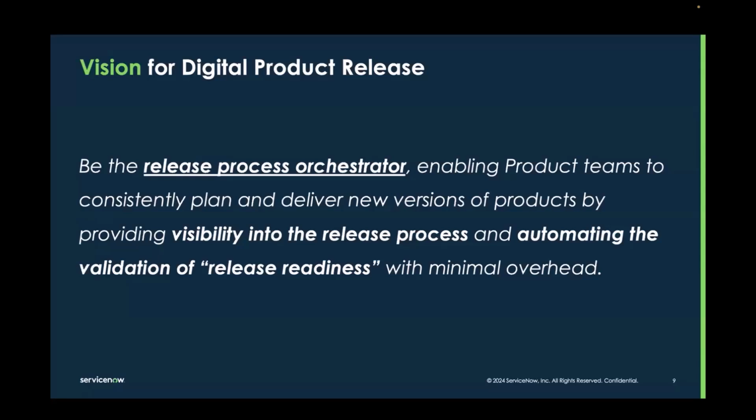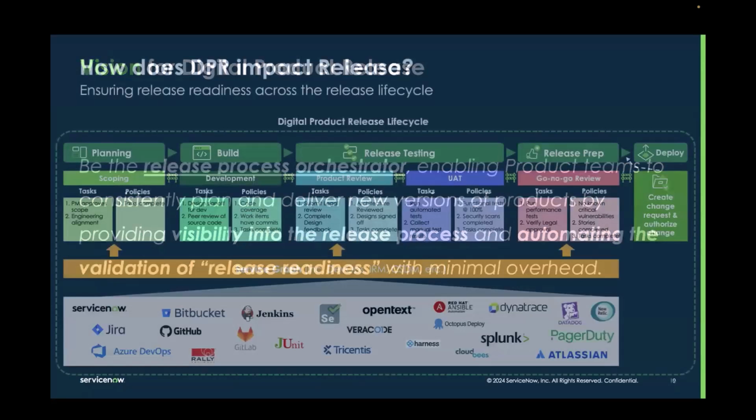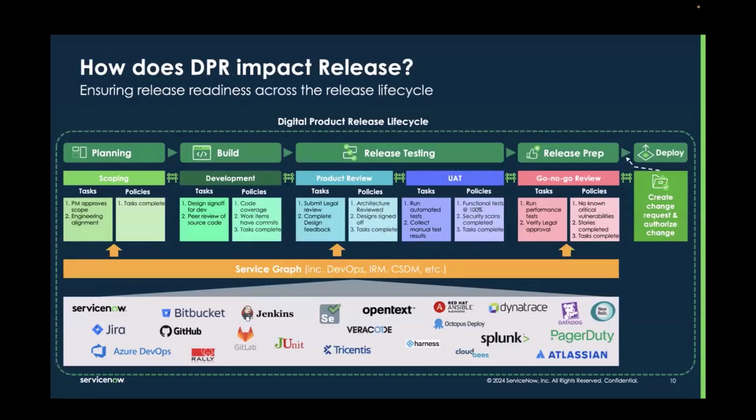So we're not trying to replace the CI/CD pipeline. We're not trying to replace a code repository. We are taking information from those sources in order to help automate the process or to automate the validation of your release. And we do this through our integrations.